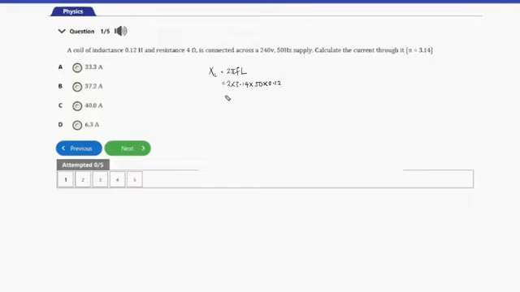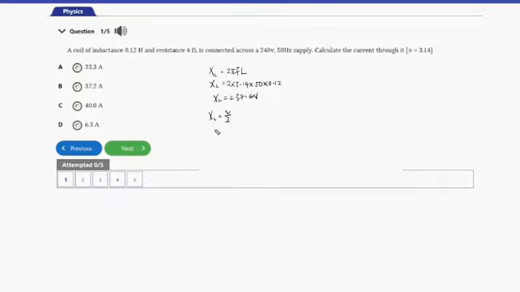Let's go ahead and plug this in and then calculate for reactance XL. That will be 37.68. Let's also recall that the reactance XL is equal to voltage over current.